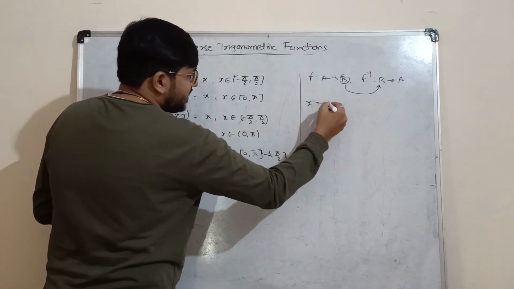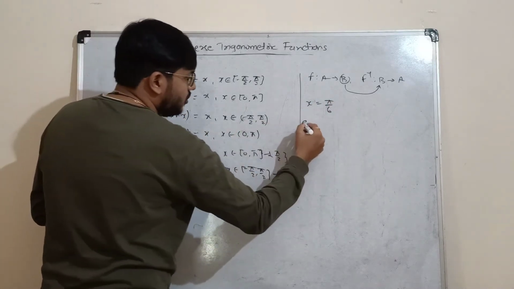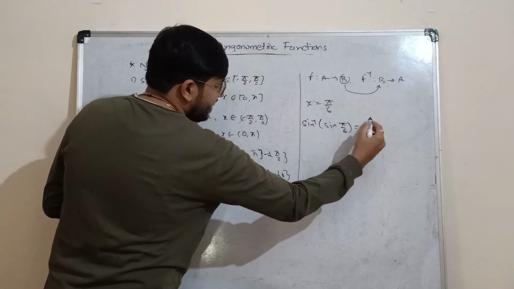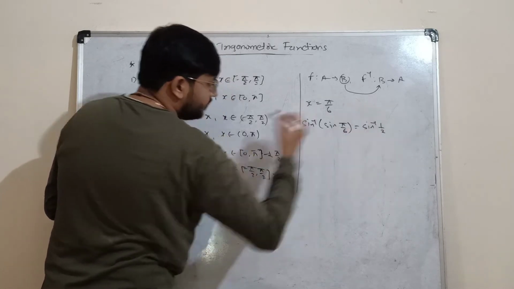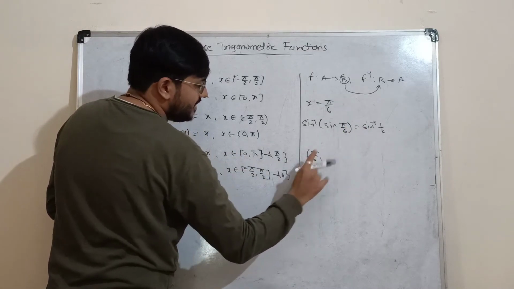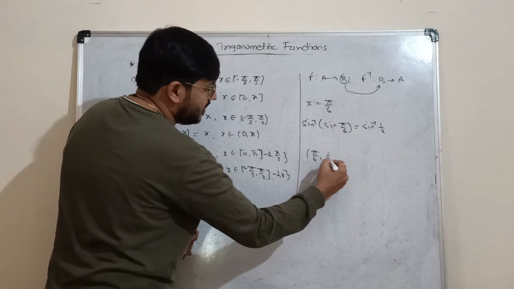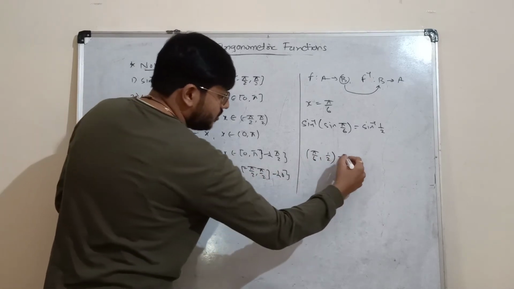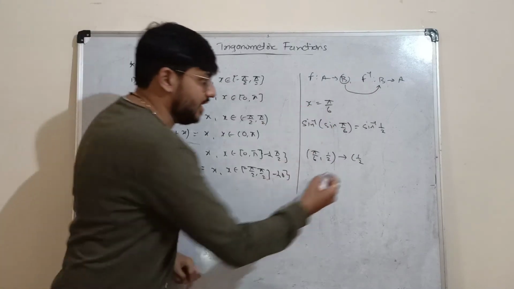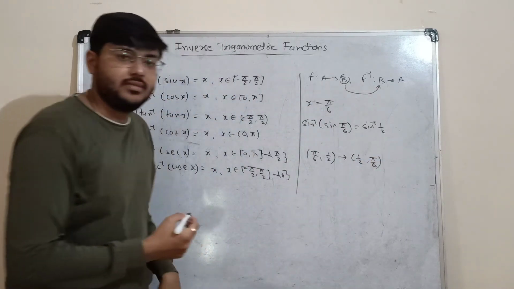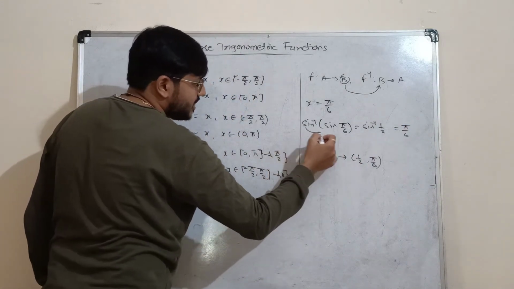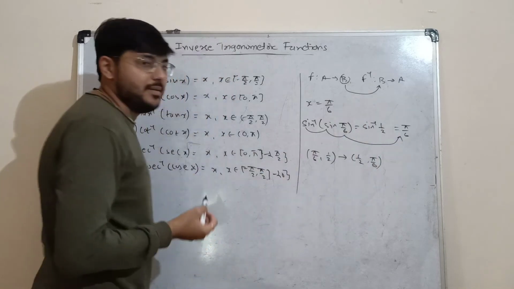So if I take x as pi by 6, sine inverse of sine pi by 6: sine pi by 6 is 1 by 2, so by putting pi by 6 in the function we get 1 by 2. Now this 1 by 2 becomes the domain for the inverse, so the answer must be pi by 6. So we can directly write sine inverse of sine pi by 6 as pi by 6.